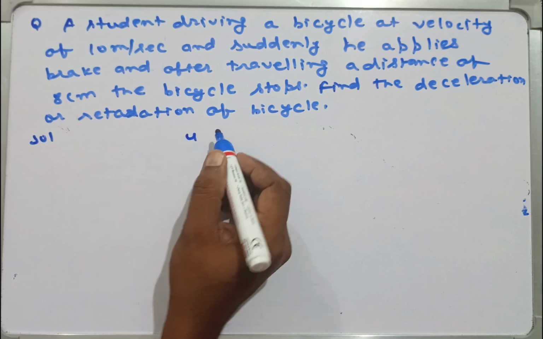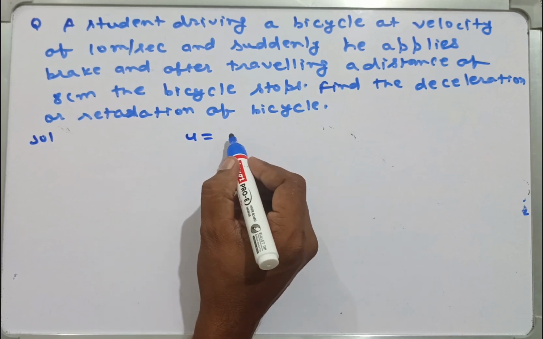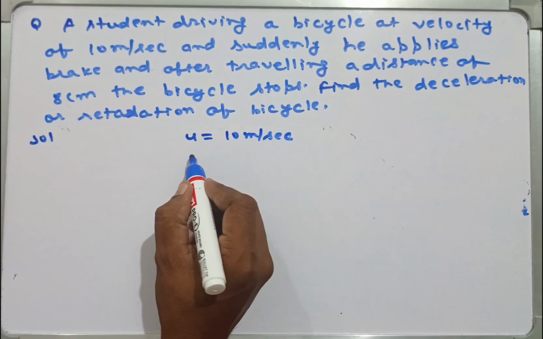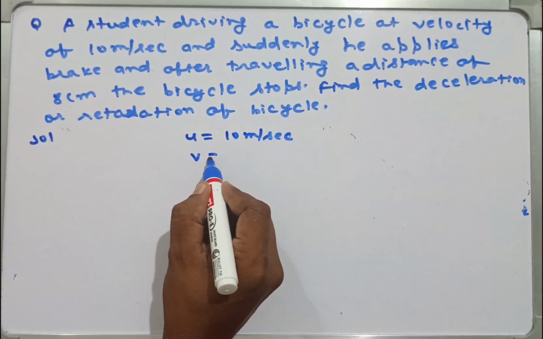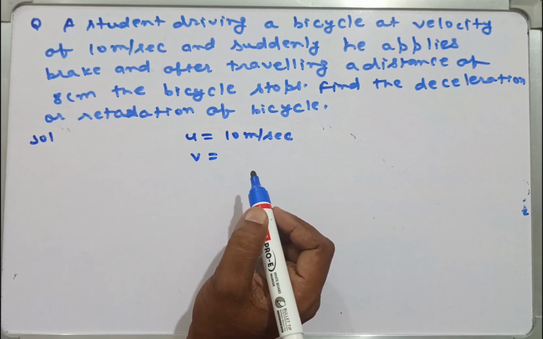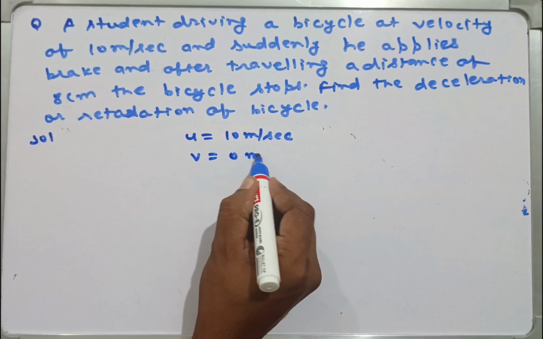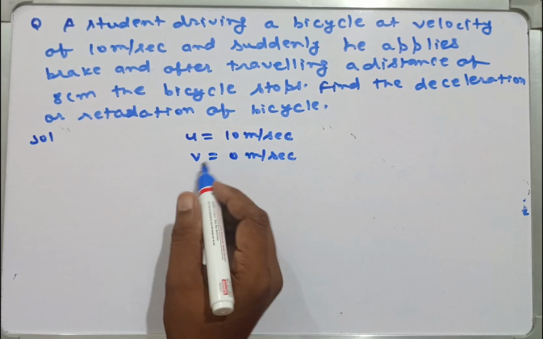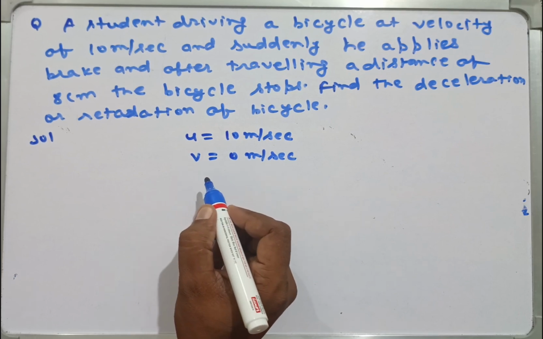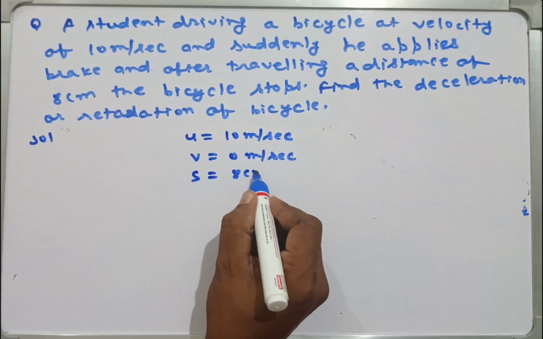Okay, so initial information is given: u, initial velocity, equal to 10 meter per second. And the second information, you can say the final velocity of the bicycle is 0, so this is 0 meter per second. And what distance it covers to come to a stop, so you can say s equal to 8 centimeter.